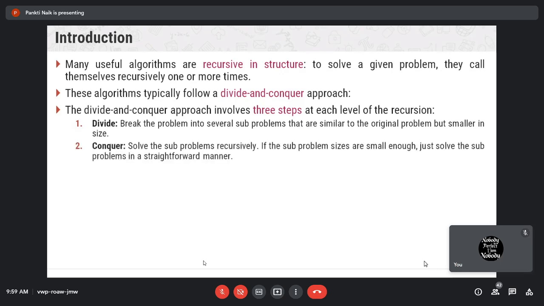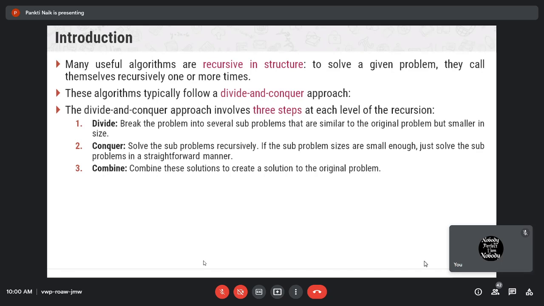Second step is conquer. In conquer, it will solve all the sub problems recursively. Now, if the sub problem sizes are small enough, it will directly solve the sub problems. If the sub problem sizes are large, then again it will repeat the same procedure, dividing the sub problems into smaller sub problems.